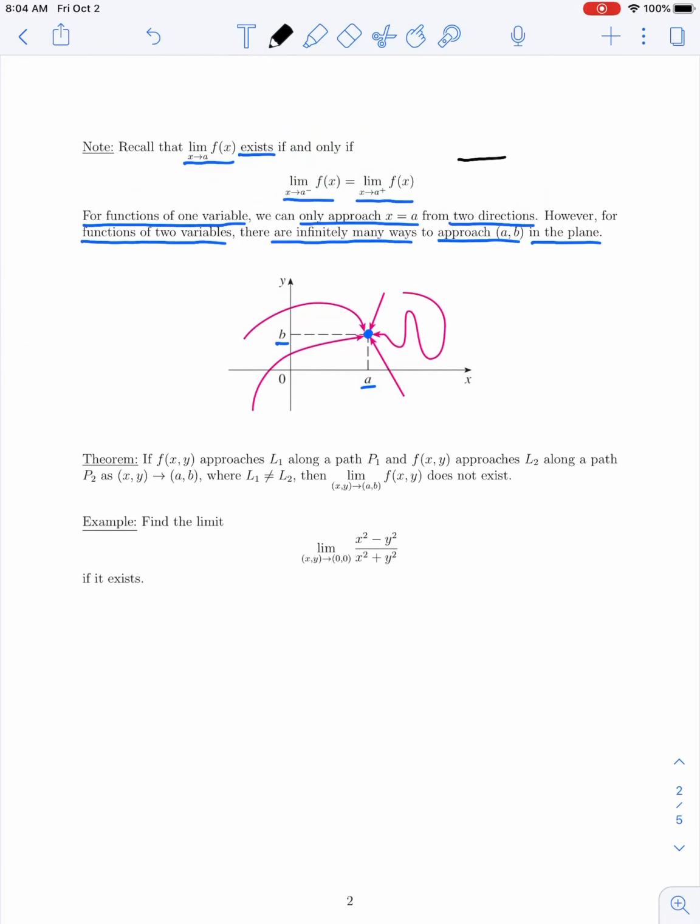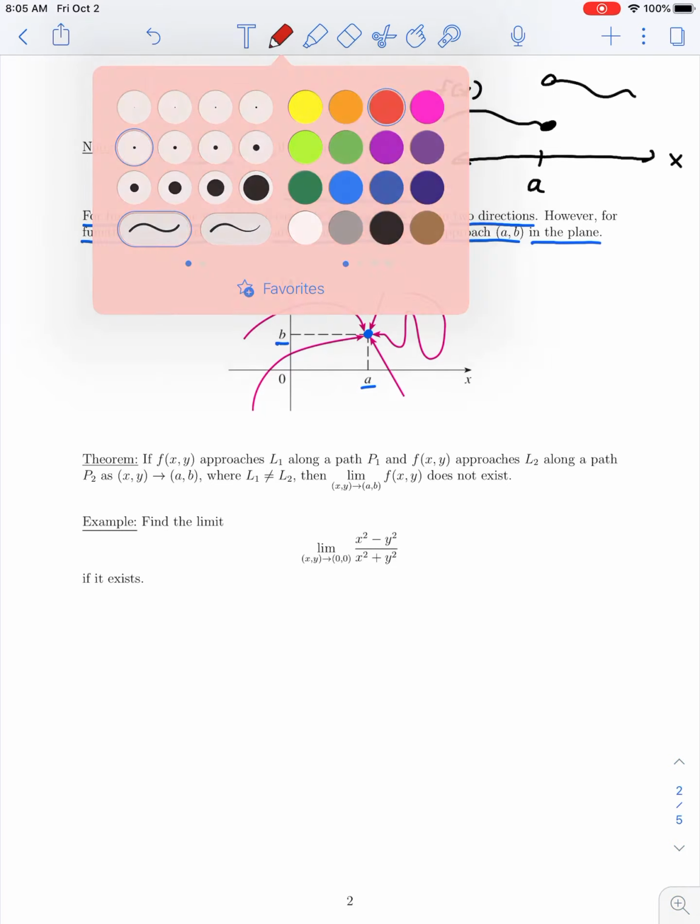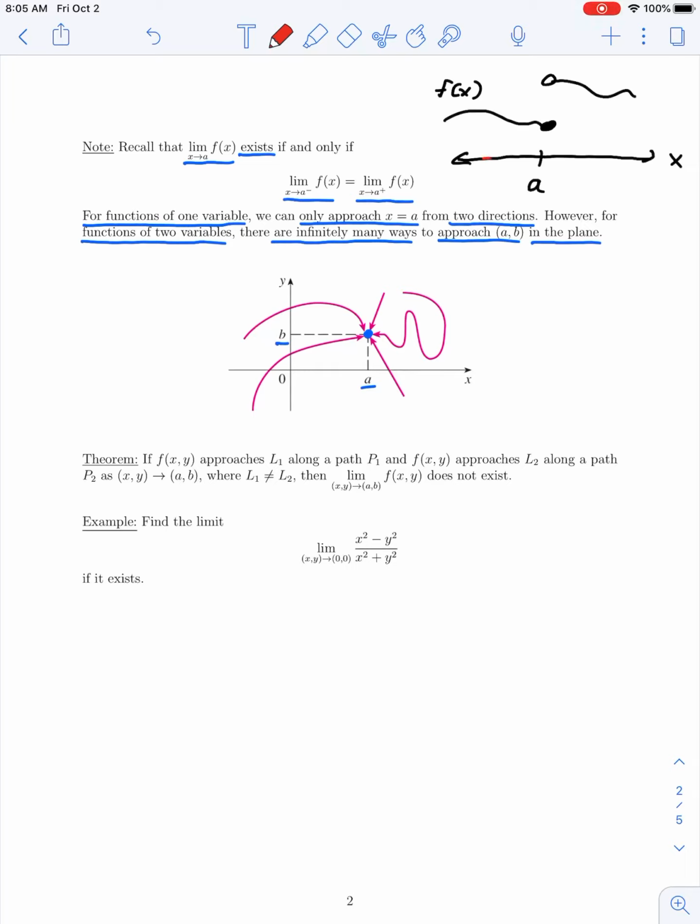So above, when we're talking about functions of a single variable x, we only have a single axis for this single variable function. So if we're considering the limit of some function f of x as x approaches a, we can only approach a from the left or the right-hand side.